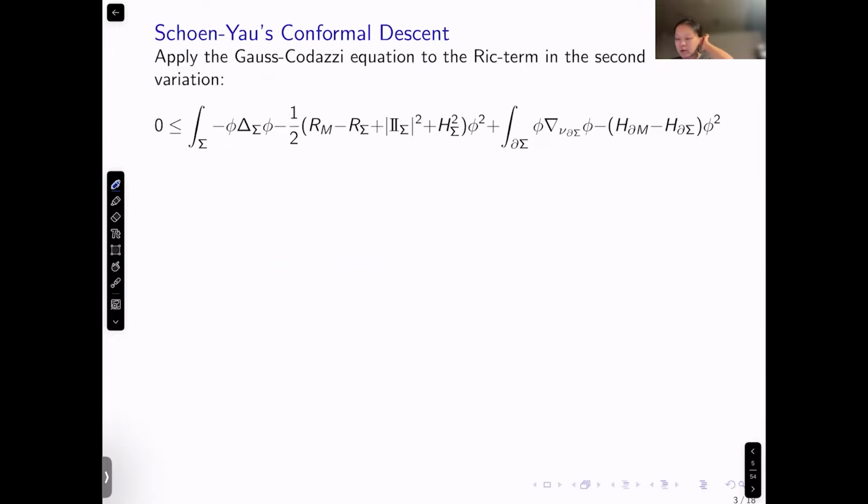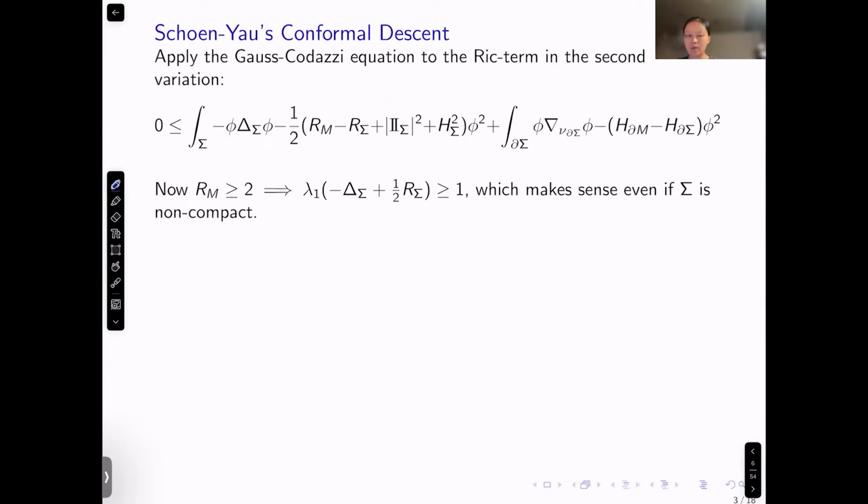Now, Schoen and Yau also look at the second variation, and they use the Gauss-Codazzi equation to rearrange the second variation so that it relates to the scalar curvature. And we can also change the second fundamental form term to become the difference of the mean curvature of the free boundary minimal surface inside the manifold with boundary.